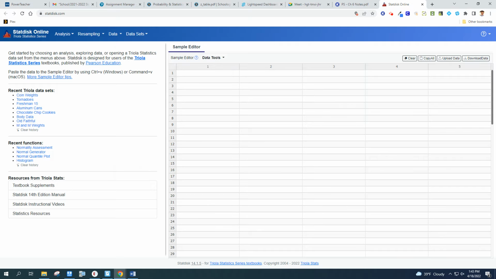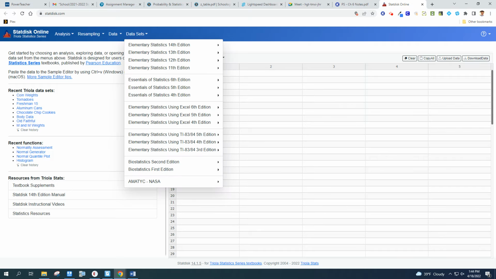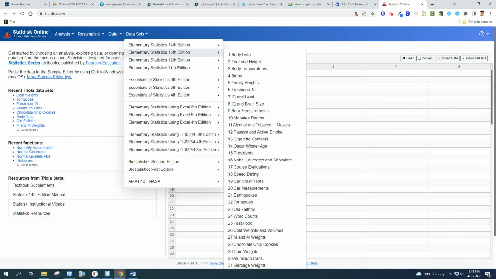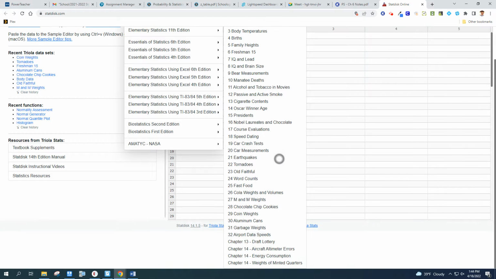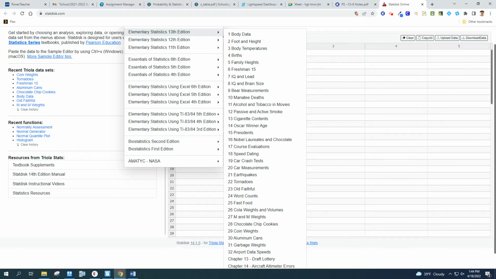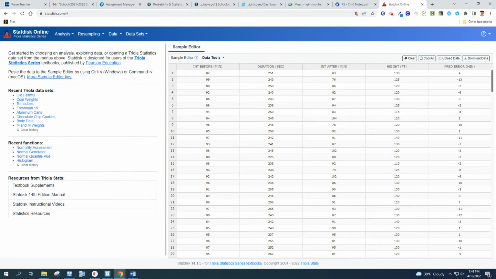Scroll down until you find 23 Old Faithful. And that pulls in a whole bunch of numbers. I bet there's like 6,825 numbers in there. I'm not going to go down and look at it. It's got some different column headers. We're going to look at the one that says duration in seconds.